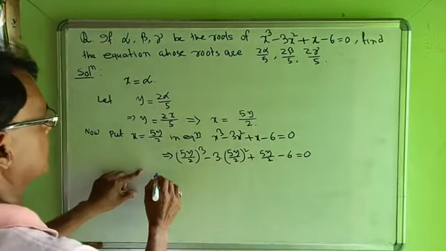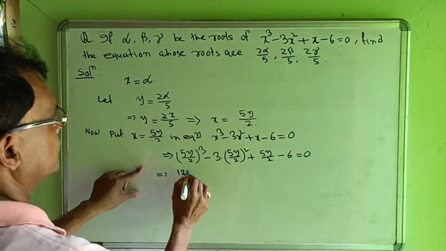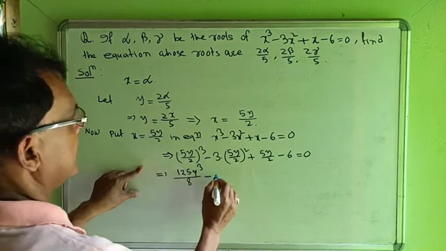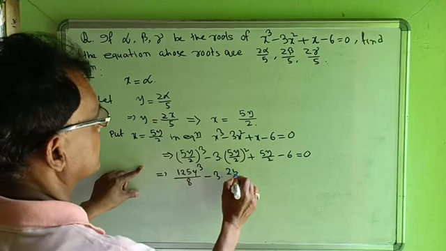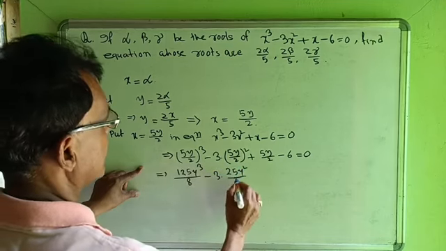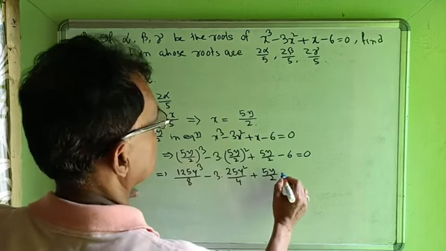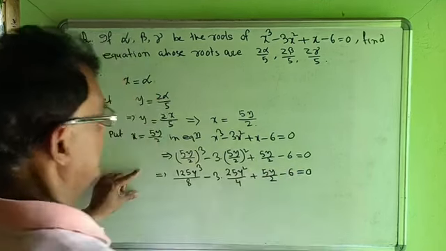After calculation, we get 125y cubed by 8 minus 3 into 25y square by 4 plus 5y by 2 minus 6 is equal to 0.